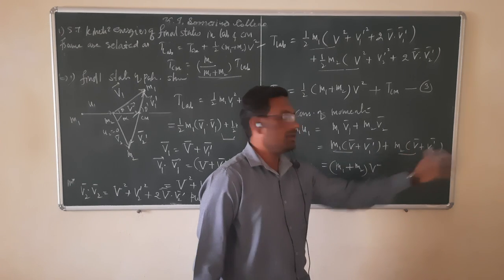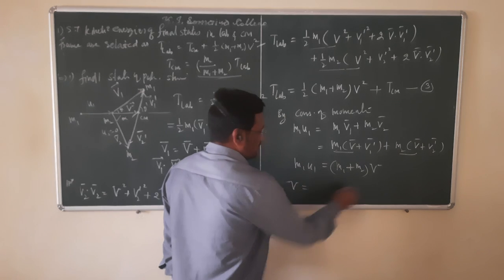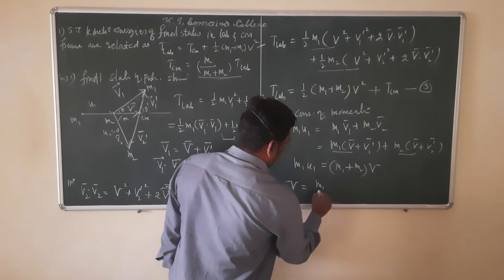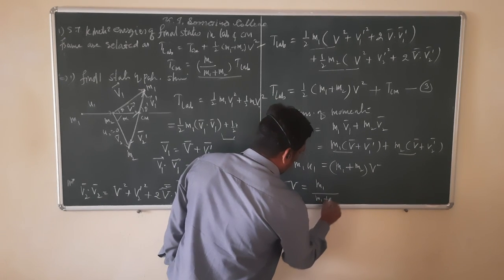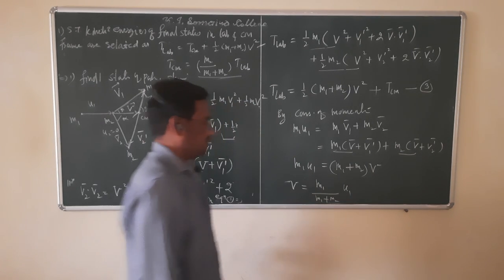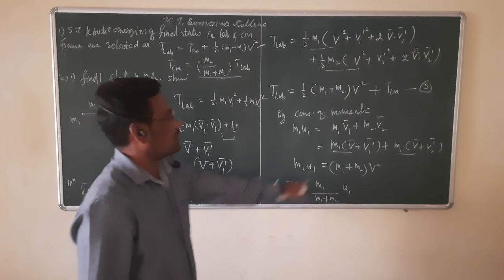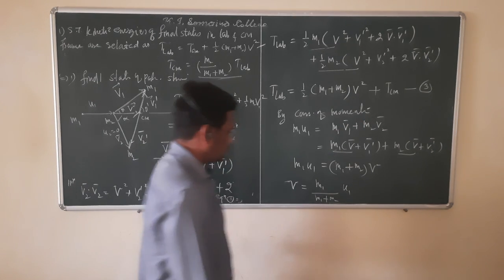Again that term is 0. So capital V, the velocity of the center of mass, is m1 divided by m1 plus m2 into u1. Now you can put this term in equation 3.